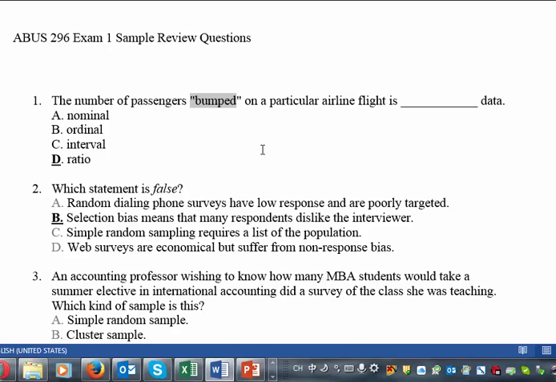Why? Because let's say they have 100 seats on an airplane, if they sell 100 tickets, sometimes a passenger or two, a few may come to the airport late or don't come at all.